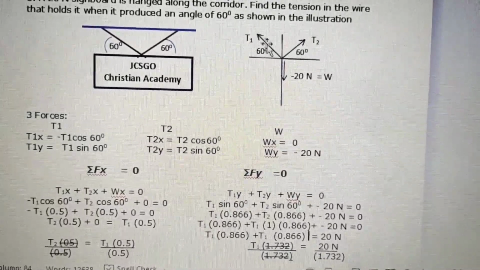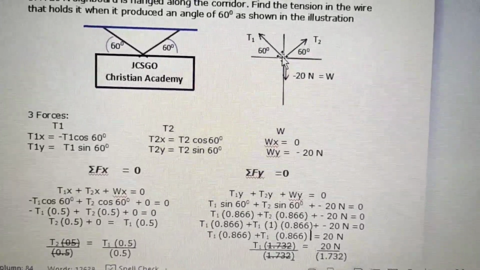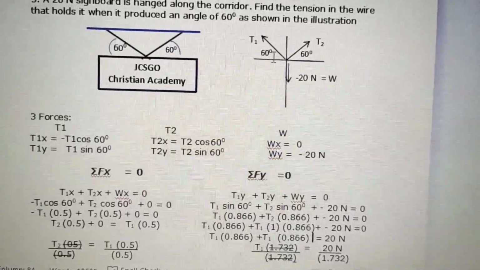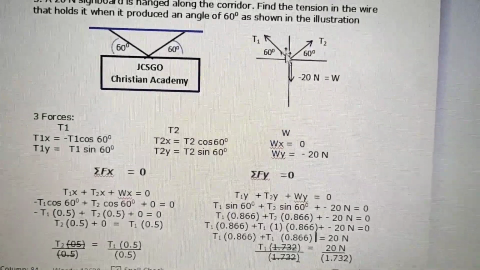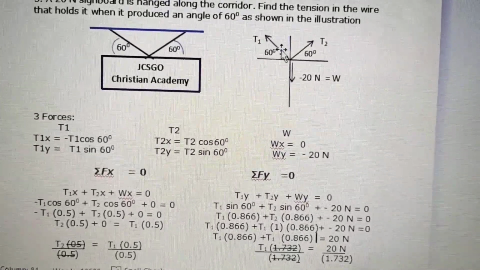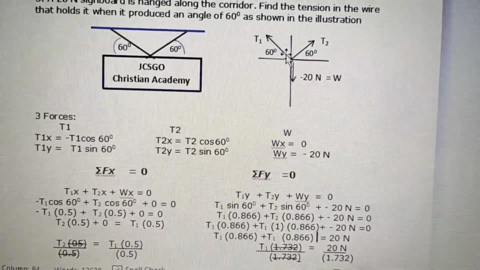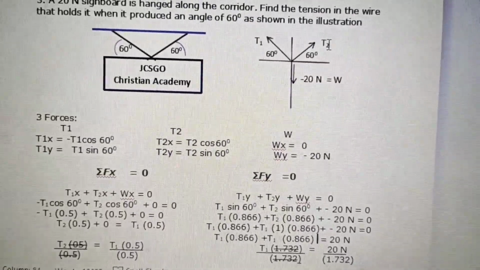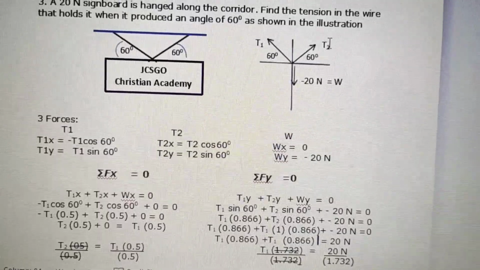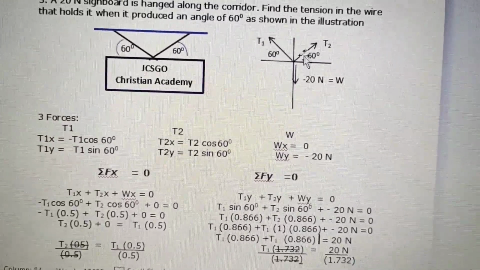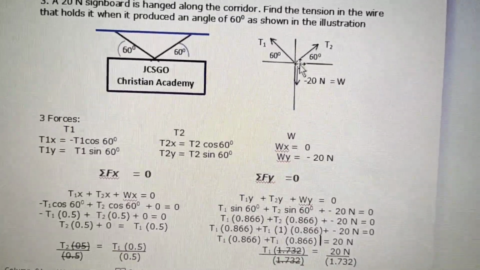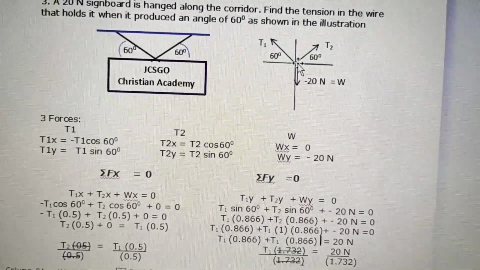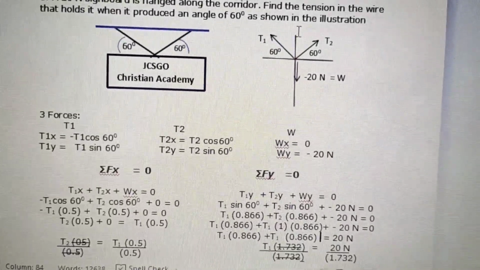Our first wire exerts a tension force both on the x and y-axis because our tension wire here is at an angle. Same holds true with our second wire, which exerts a force on the x-axis and a force on the y-axis.